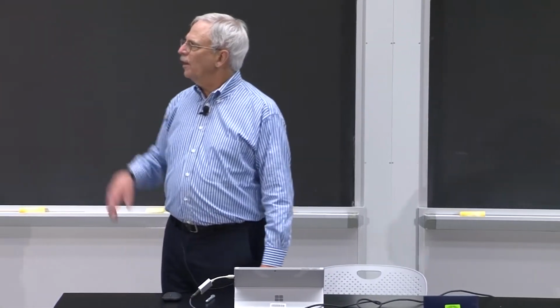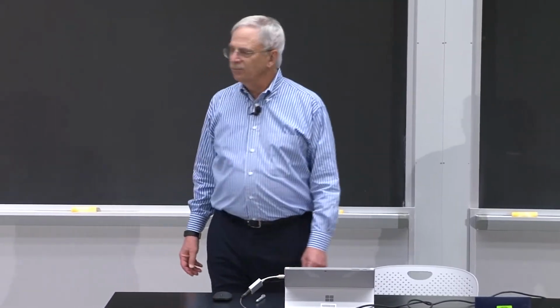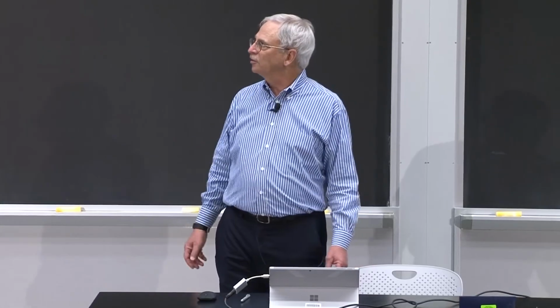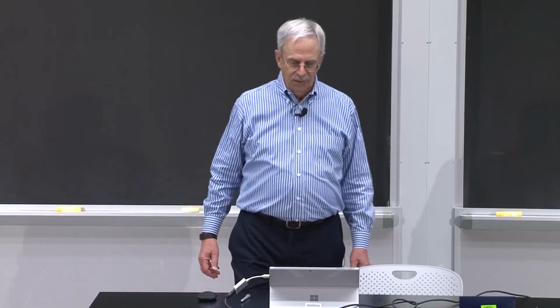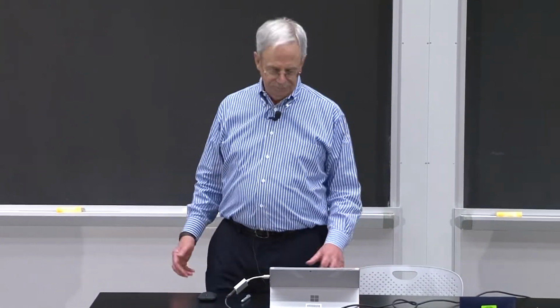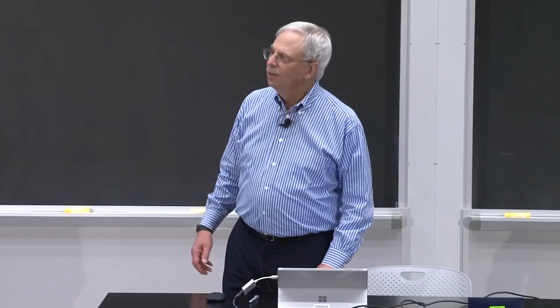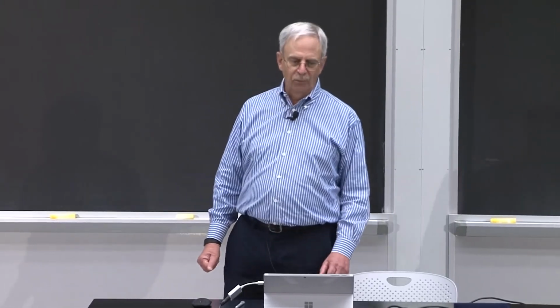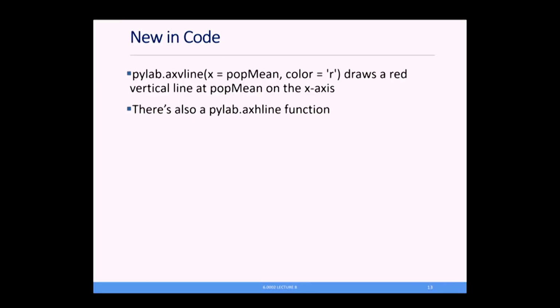So one way to see whether it's a happy accident is to try it 1,000 times. We can draw 1,000 samples of size 100 and plot the results. Again, I'm not going to go over the code. There's something in that code as well that we haven't seen before, and that's the ax.vline plotting command, V for vertical.